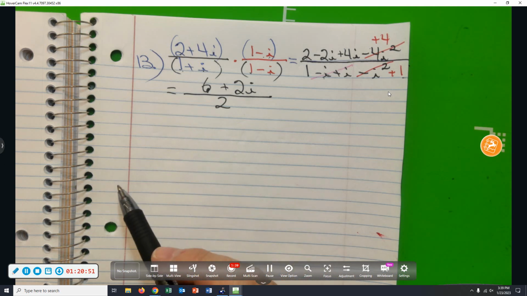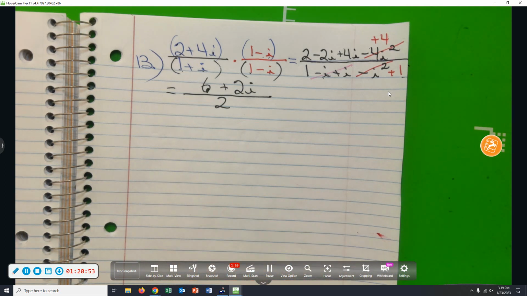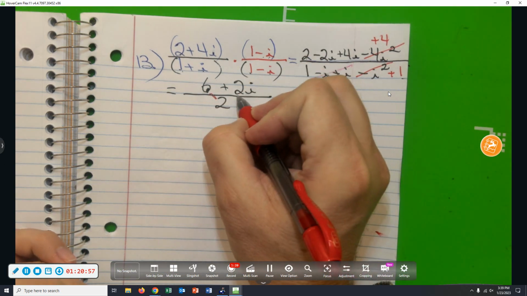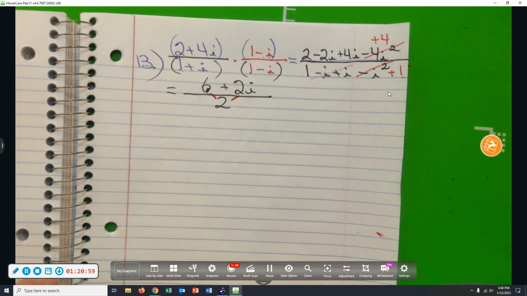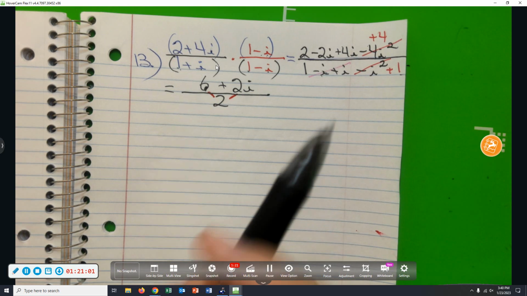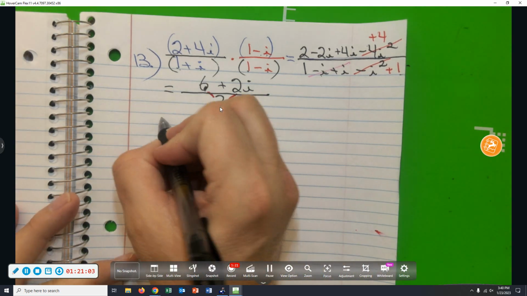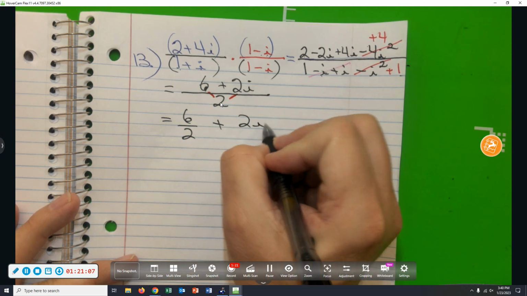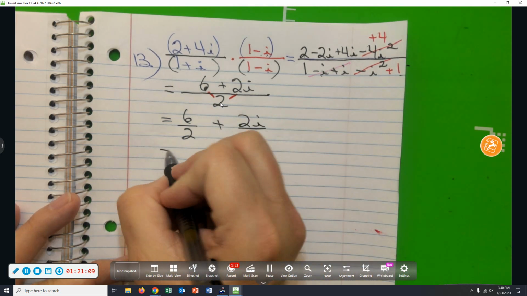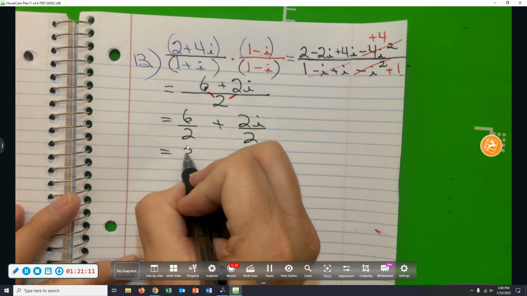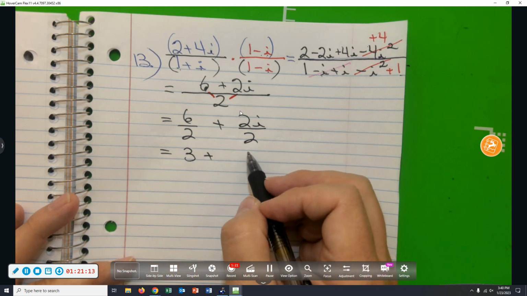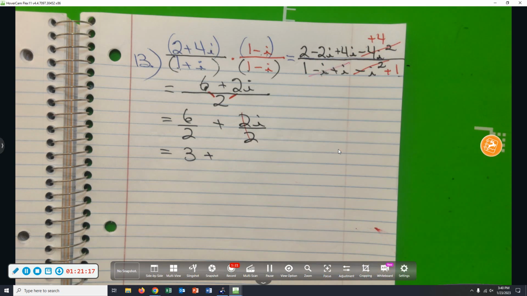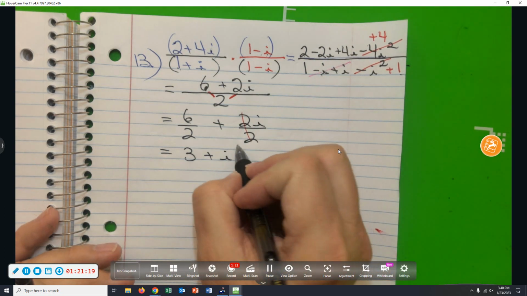So what do we do? Split up. 6 over 2 plus 2i over 2. Now, what did you say 6 over 2 is? Plus, what can we do here? Okay, the 2's cancel. 2 divided by 2, I agree, gives me just 1i.